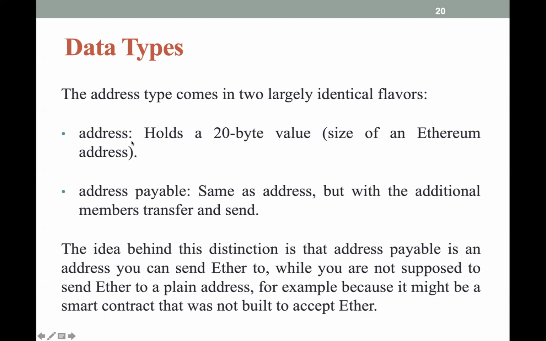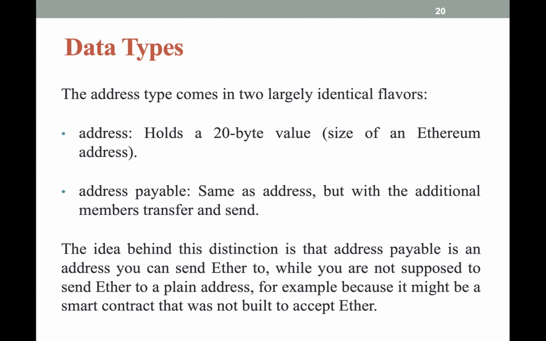So there are two variants here. The first variant is just storing the address of a person, a contracting party. This is a keyword called address, and you just specify the name of the variable along with this data type. Now the next one is address payable. What does it mean? When the contracting parties are involved in this smart contract and you are doing the coding, there may be chances that you want to transfer some ether from one account to another account.